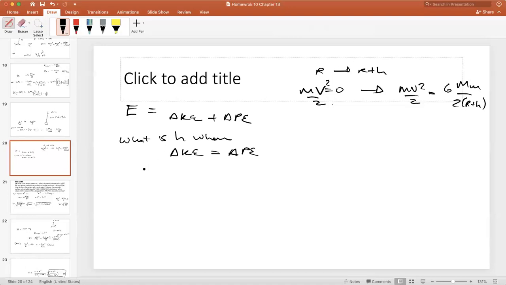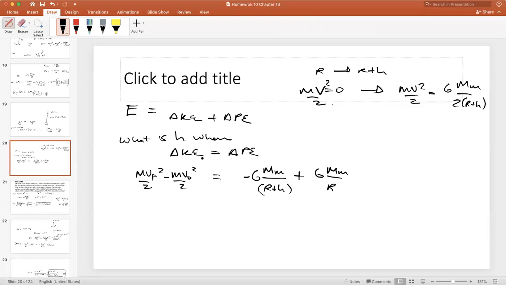And the change in kinetic energy is mv final squared over 2 minus mv initial squared over 2. And the change in potential energy we're going to write as GMm over R plus H minus GMm over R, but remember that these are minuses and plus, okay?